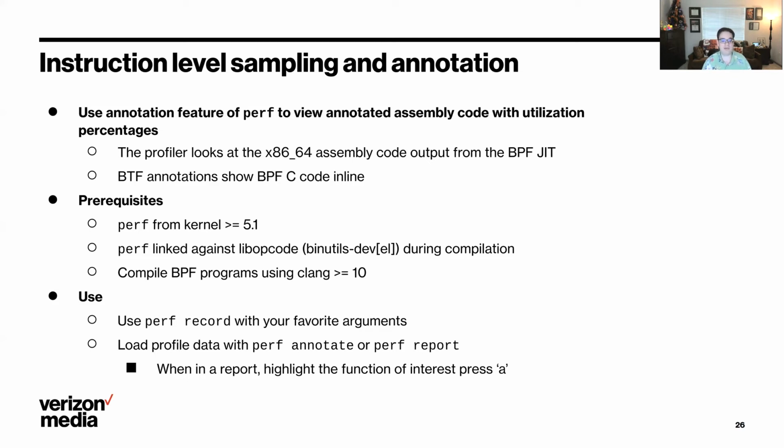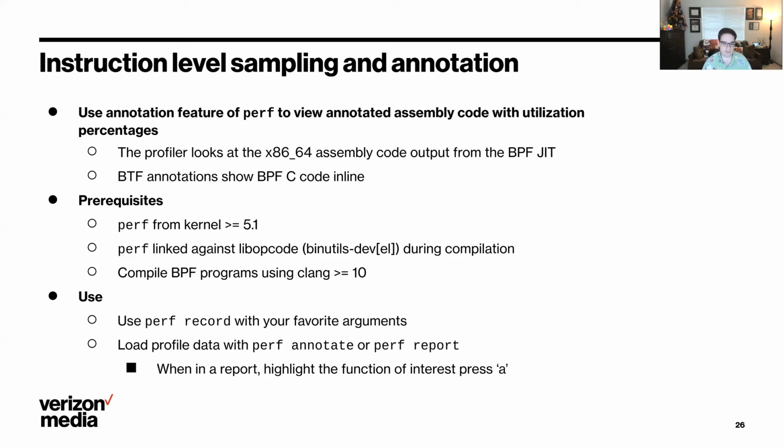Now, it does require a fair number of prerequisites today. Hopefully, in the upcoming years, these prerequisites will be satisfied by distro built versions of the perf tool. And in use, it's fairly straightforward once it's built with the right dependencies.